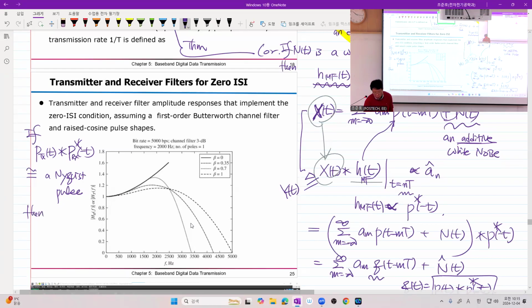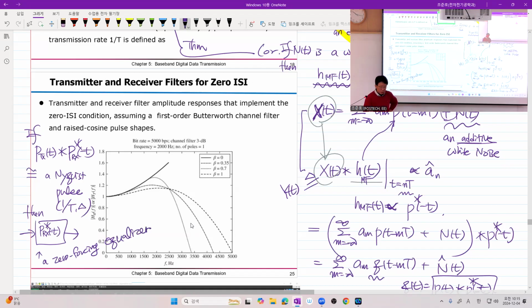Of course, Nyquist pulse for some pair of symbol rate and sampling offset, then p_Rx of negative t conjugate, this filter in the receiver, is called a zero forcing equalizer.